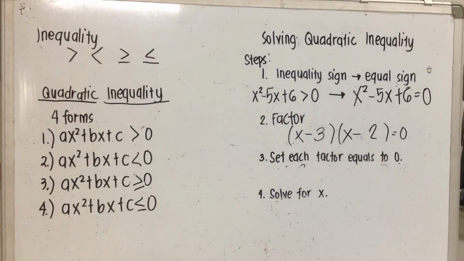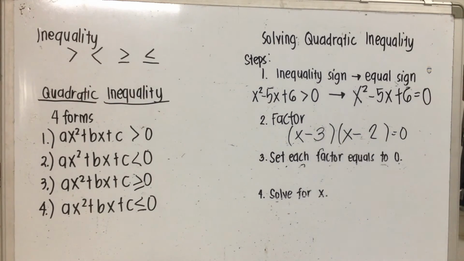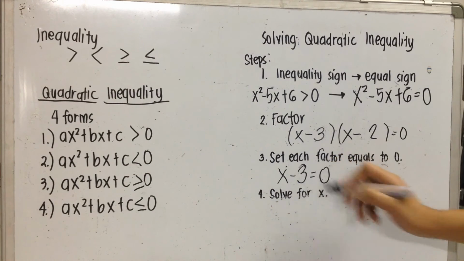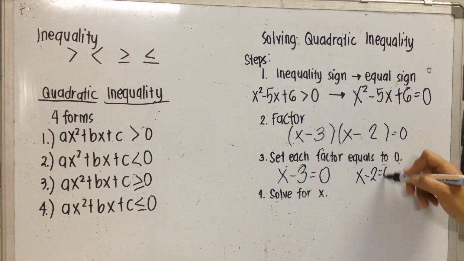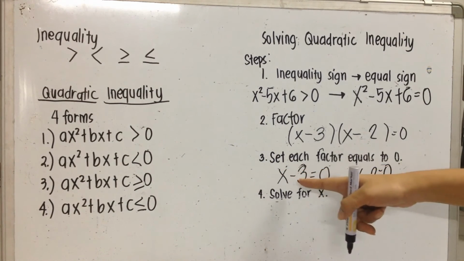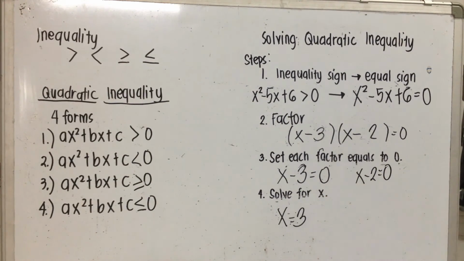The third step is we're going to set each factor equal to 0. So, ang x minus 3, i-equate natin sa 0. Same with x minus 2 is equal to 0. And then, we're going to solve for x. X minus 3 is equal to 0. Ang x nito is equal to 3.